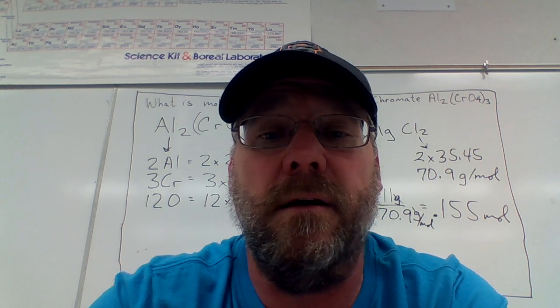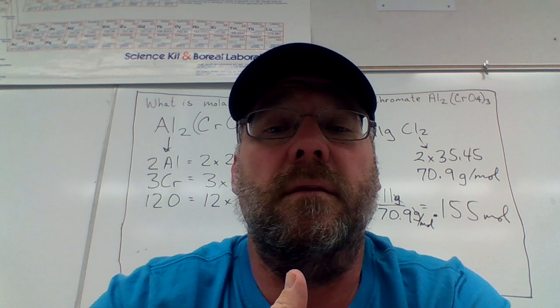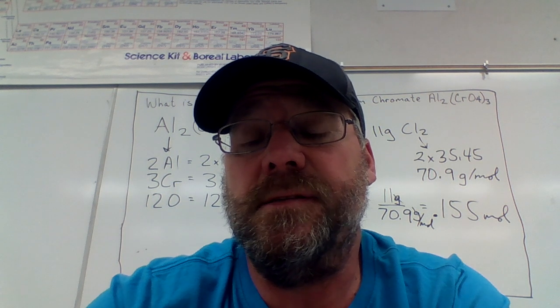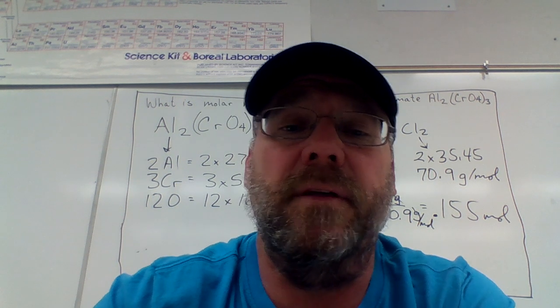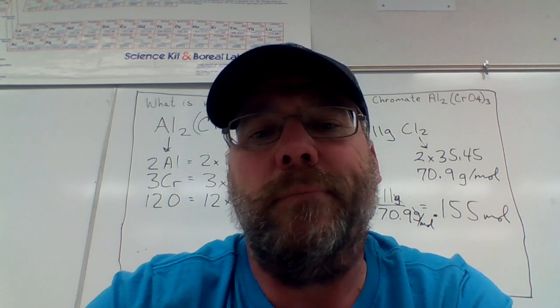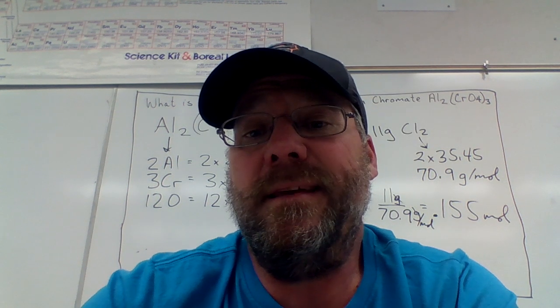And the idea here is you would want the one with the larger molar mass because you are getting less of the substance in that 1 gram. But I hope this helps.